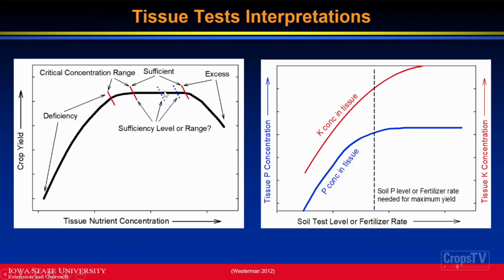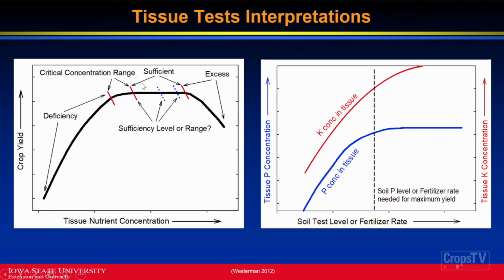In most of these interpretations out there, they may not be looking at the entire flat portion of the curve, but they may be referring to part of it, for example, from where the nutrient produces the maximum up to maybe a little bit higher.